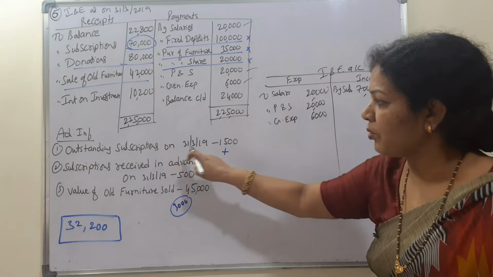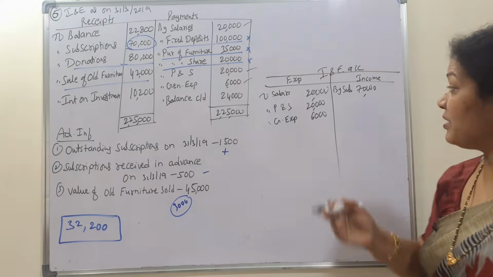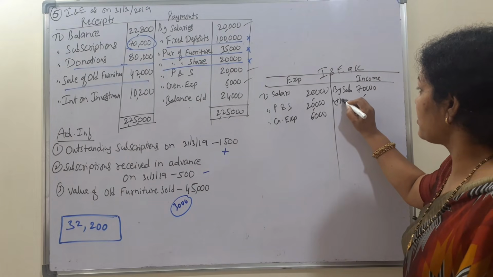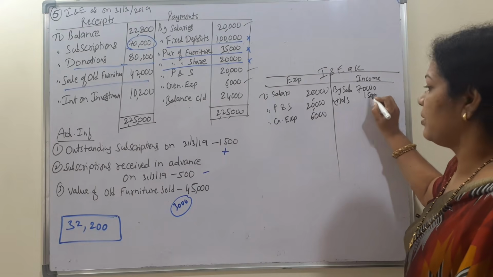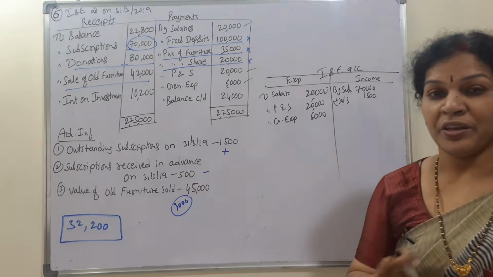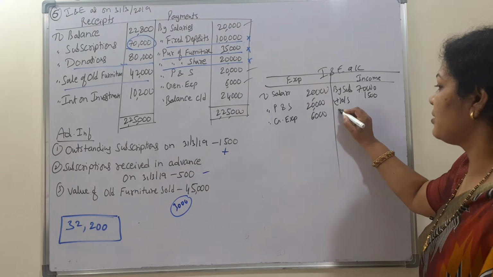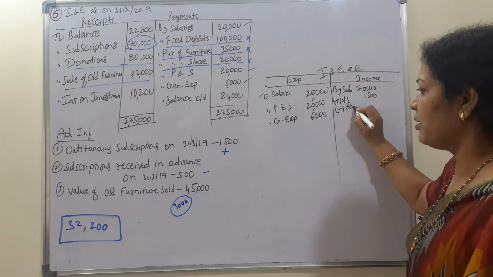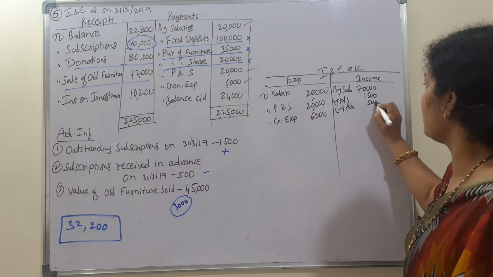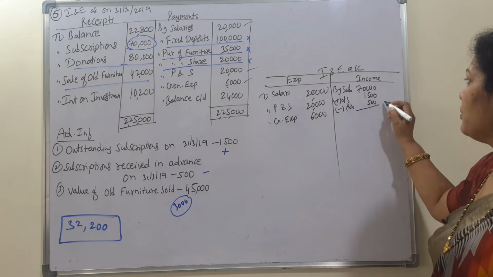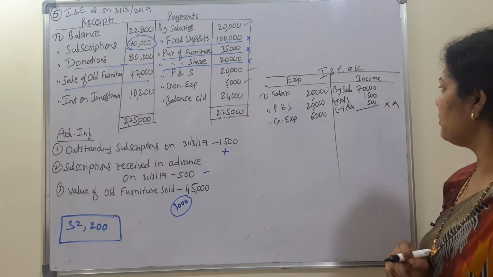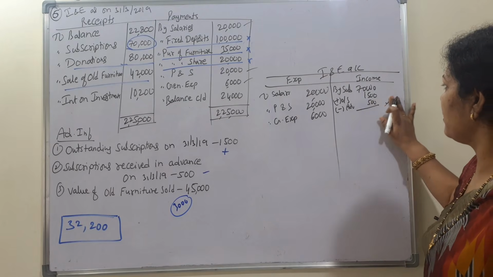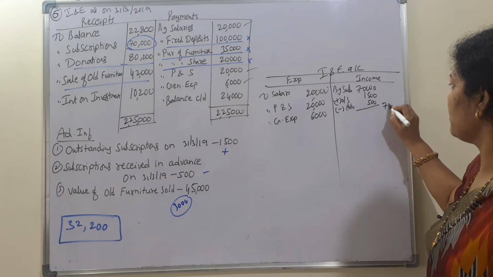What is the adjustment? Outstanding receivable is to be added. And received in advance, advances we don't want, so minus received in advance 500. So 71,500 minus 500 comes to 71,000.